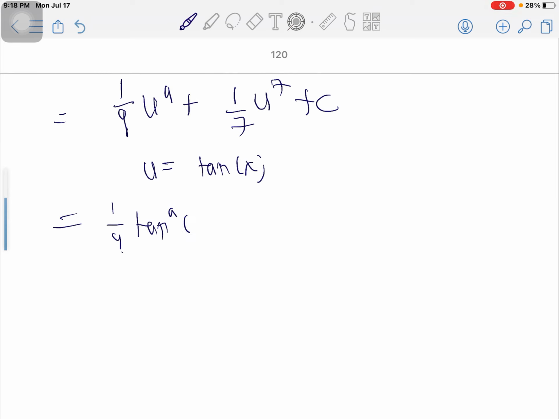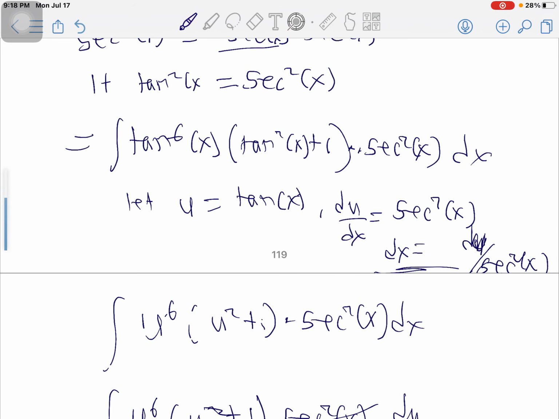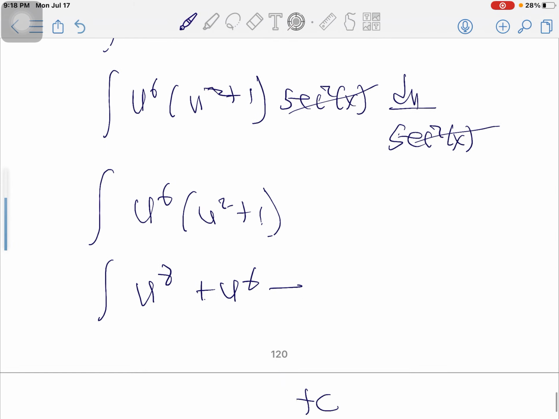So our final answer is going to be 1 over 9 tan to the power 9 of x plus 1 over 7 tan to the power 7 of x plus c.